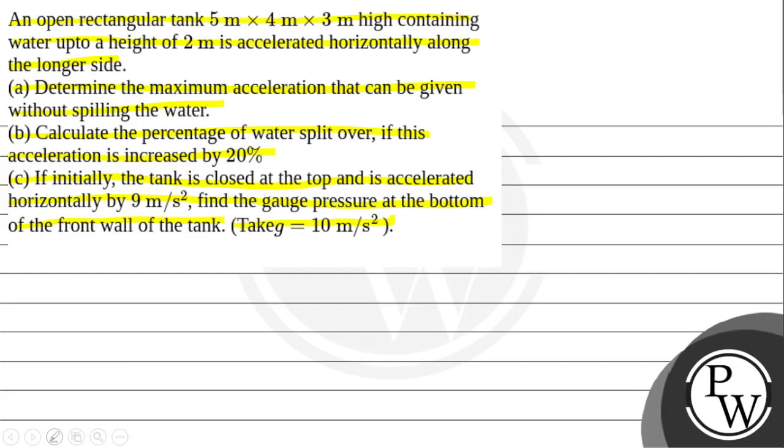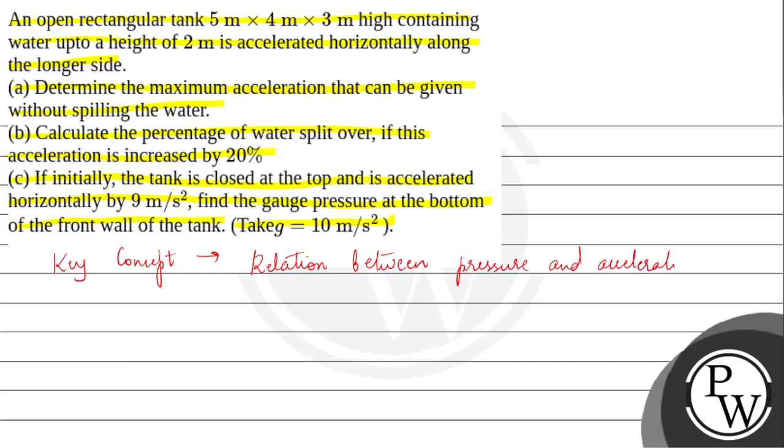तो इस क्वेश्चन को सॉल्व करने के लिए पहले हमें की कॉन्सेप्ट देखना है. The key concept of this question is relation between pressure and acceleration. So we know that pressure is force per unit area. This is F by A. अगर हम force को mass times acceleration लिखेंगे divided by A, then the mass of the fluid can be written in terms of the density of the fluid, the volume of the fluid.